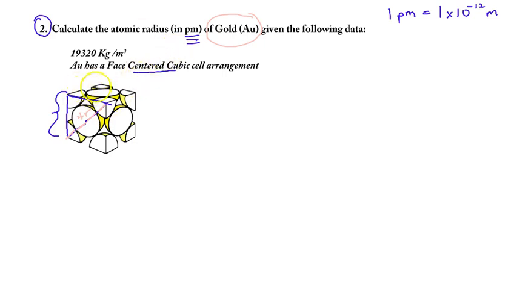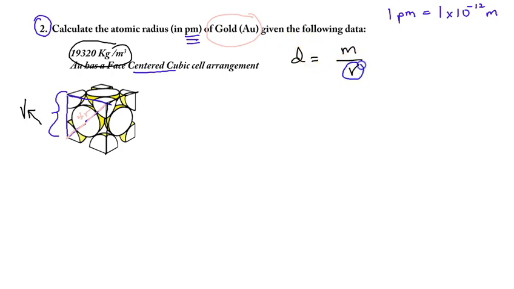So how do I execute the plan? How can I get to this dimension? Well, in the other problems, you used the length times width times height of the lattice constant to get volume. So we can get this lattice constant using volume. Now, what do we know? They're giving me the density. So density is equal to mass over volume.